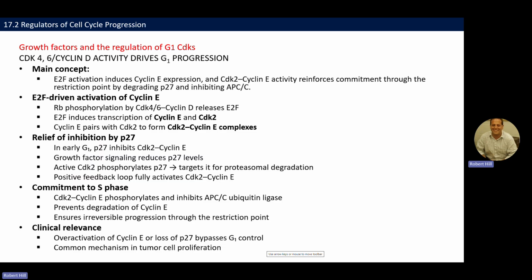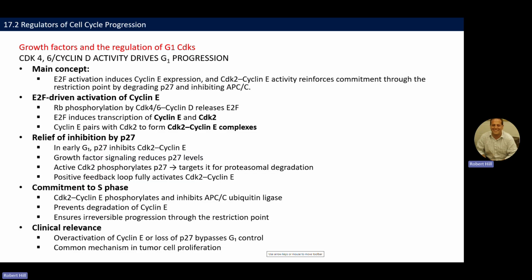All right, so now we're going to talk about E2F-driven activation of cyclin E. When E2F induces the cyclin E and CDK2 complex to form, that will further phosphorylate RB, creating a self-reinforcing loop. Okay. Early in G1, the CDK inhibitor P27 will restrain this complex, but growth factor signaling lowers P27 levels.